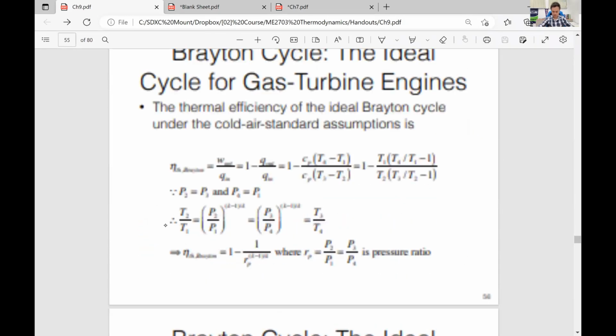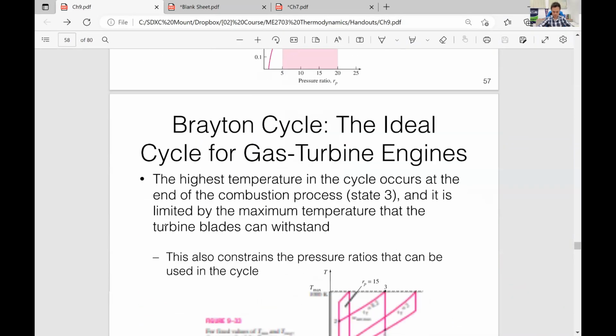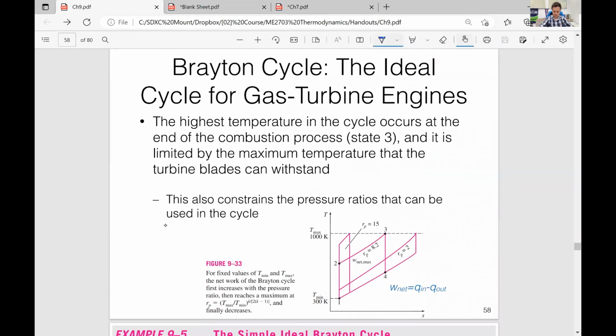So this is what the statement here says. Okay, the highest temperature in the cycle occurs at the end of the combustion process, and it's limited by the maximum temperature that the turbine blades can withstand. Okay, so this temperature at state 3 cannot be too high to melt the turbine blades, or otherwise the entire device will fail, right?